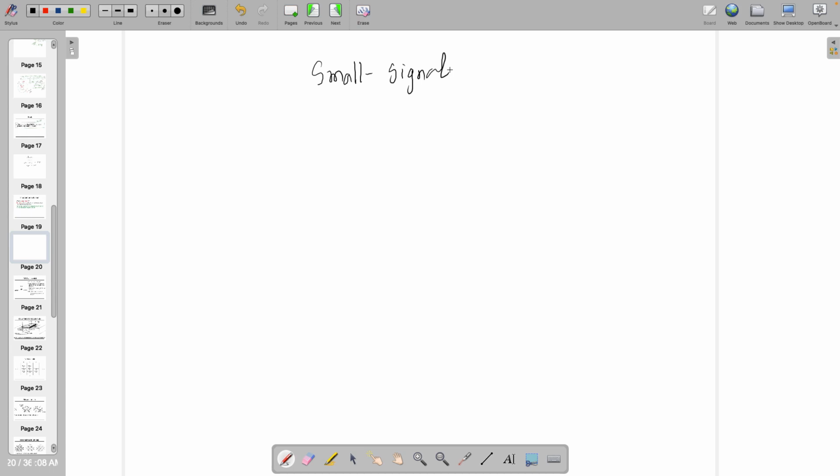By the way, both the signals are AC signals. We are talking about signals where a frequency is associated. DC is a different thing.